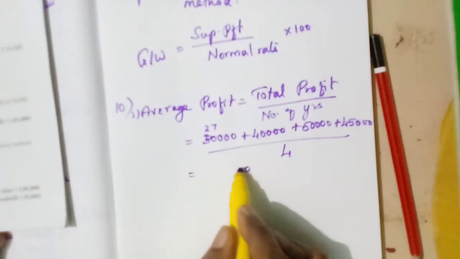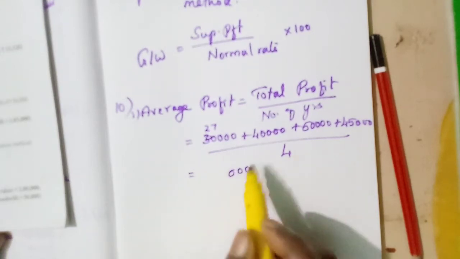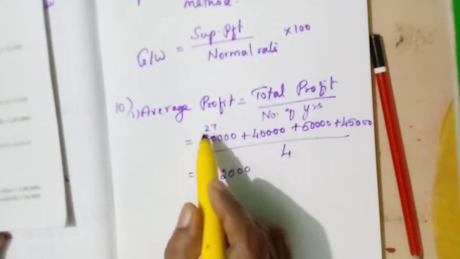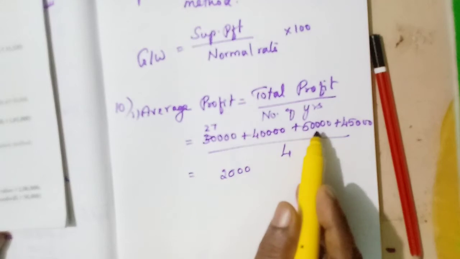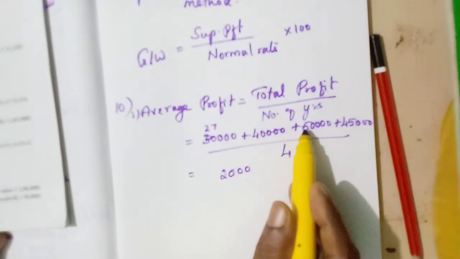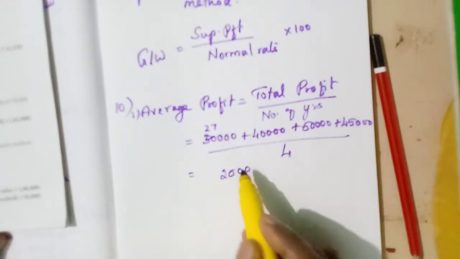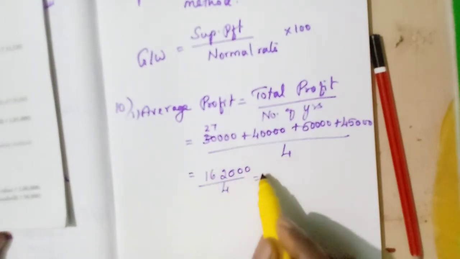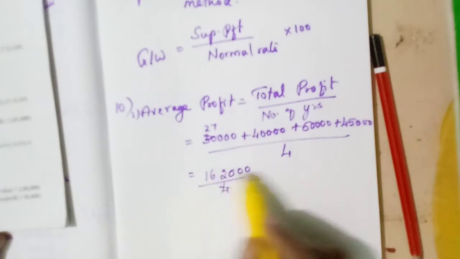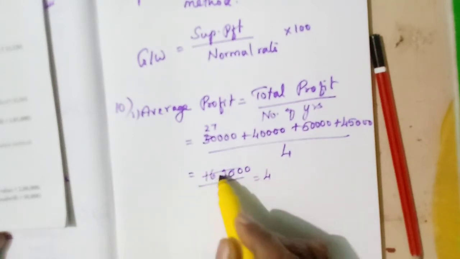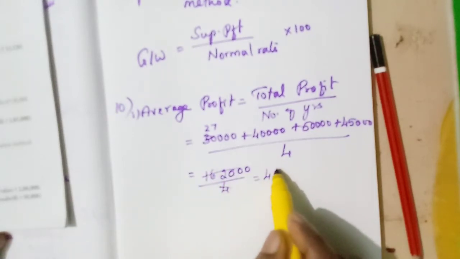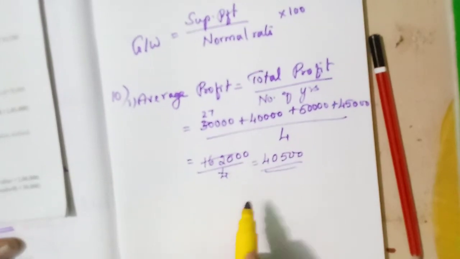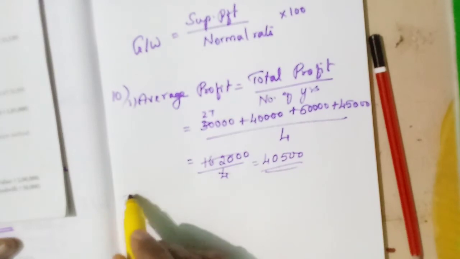Adding up, we get 1,62,000 divided by 4. So 4 4s are 16, 2 we cannot divide, so 0, 25. So 40,500 is the average profit.